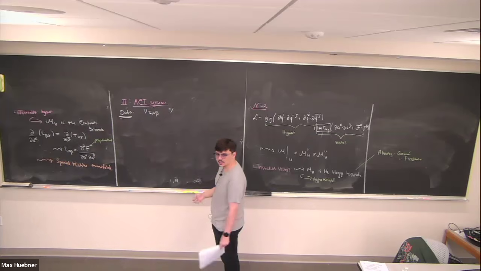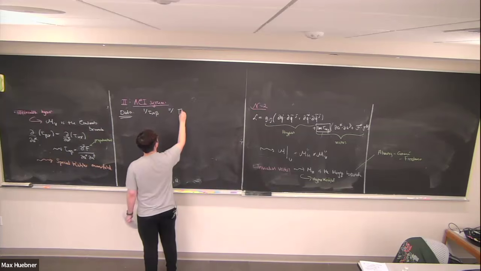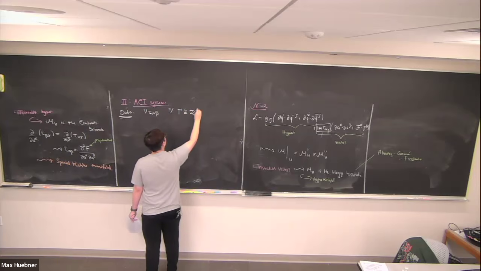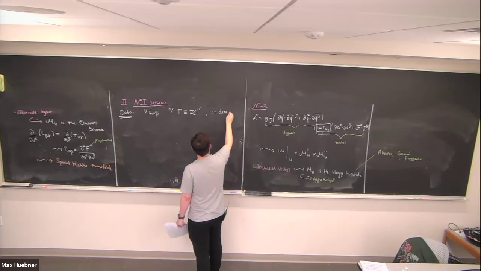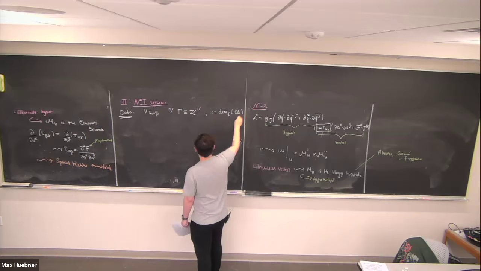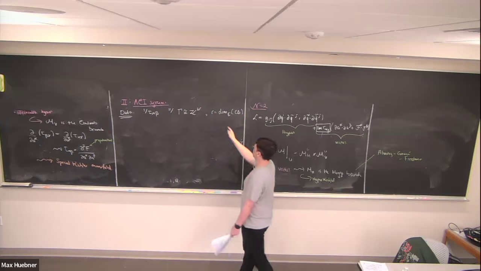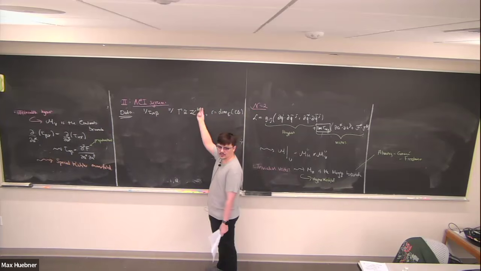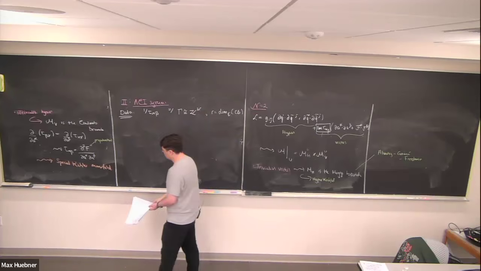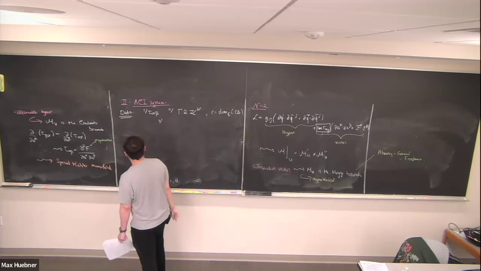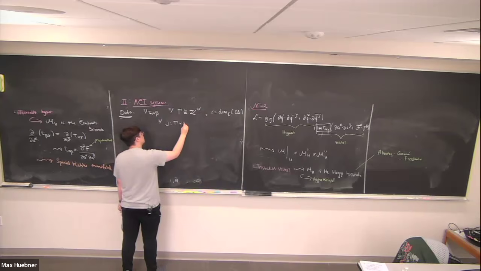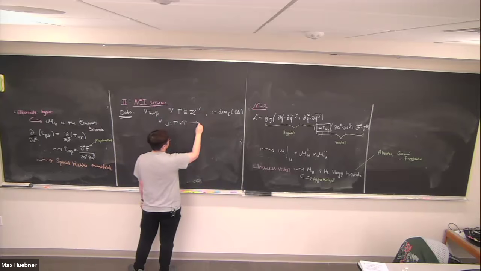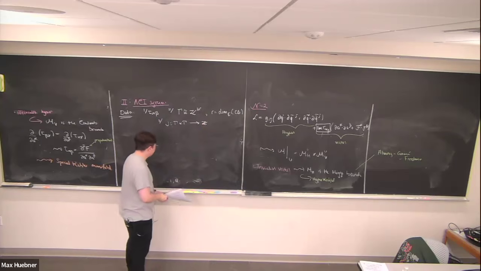So you can talk about the electric and magnetic charges of your theory, and on general grounds, you can argue that this is just going to be a lattice of rank 2r, where r is the dimension of the Coulomb branch. Right? So for each dimension, there's one electric and one magnetic charge. Right? You have access to that at any point in the Coulomb branch. And then finally, something maybe a little odd is you have an antisymmetric pairing between electric and magnetic charges. And this is just called the Dirac pairing.